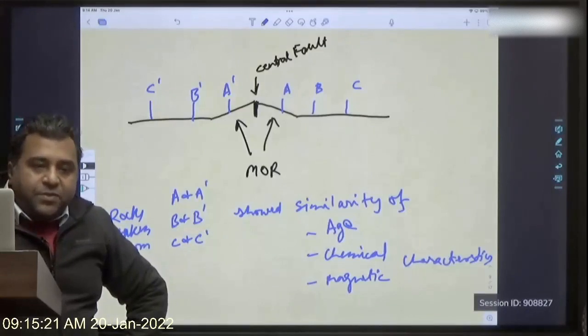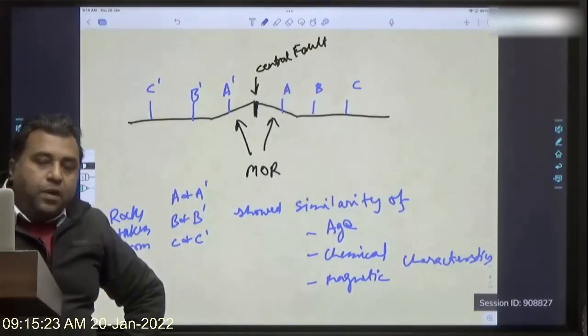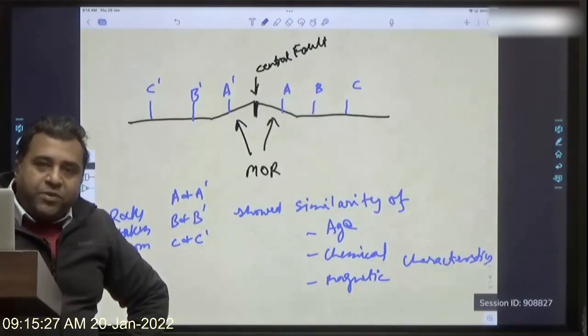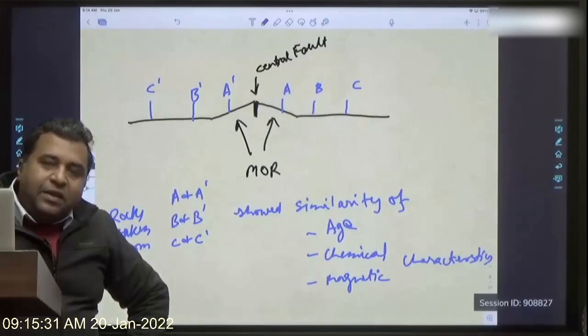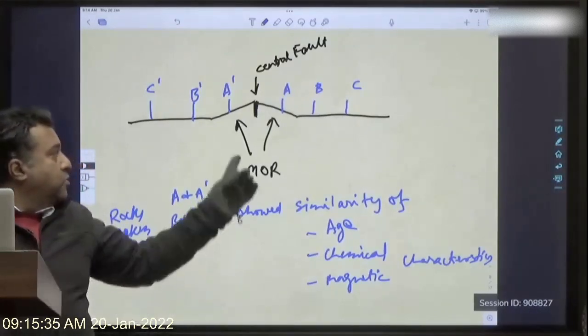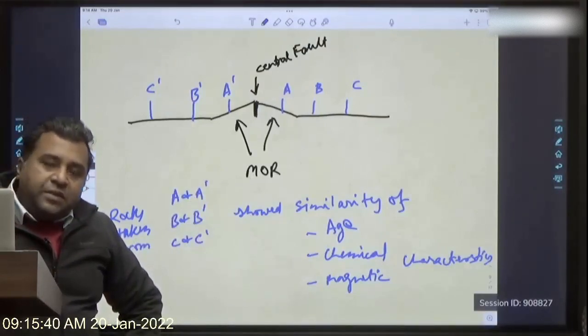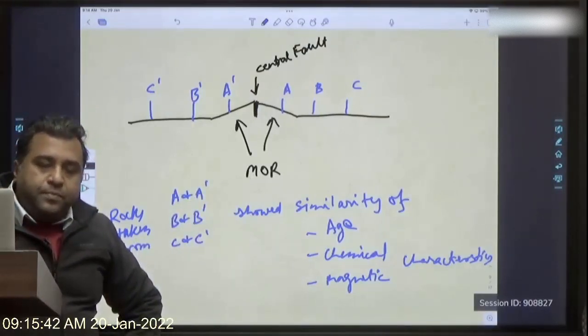Why this happened is what we have to understand, Vishal. That's where the theory will come. So first you will observe something, then you will see something which you don't understand, then you will try to find the answer, and that answer will become the theory. So third, the age of the rocks was youngest near the MOR.